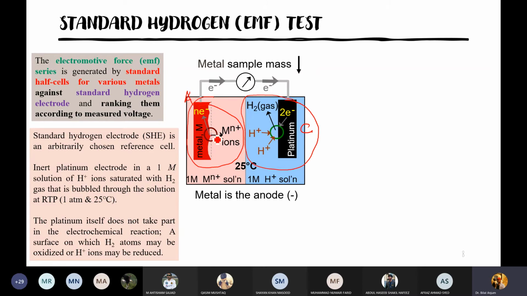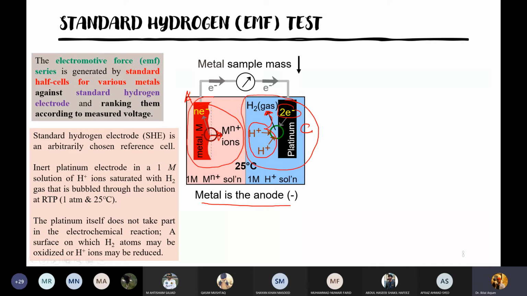Anode means the metal is dissolving in its own solution, and evolution of hydrogen gas is taking place due to the utilization of two electrons. So in this case, the metal is acting as the anode.